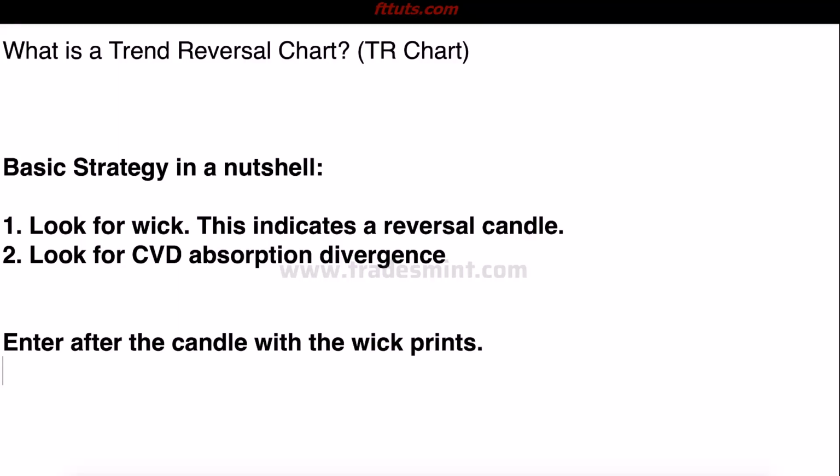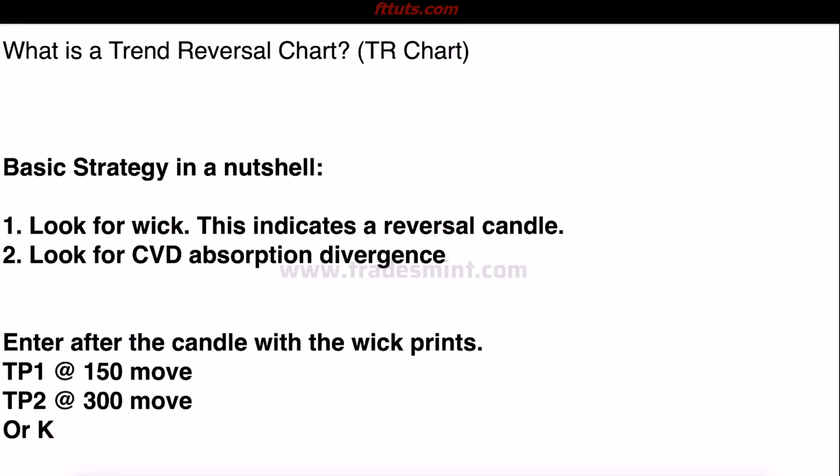You are going to set TP1 at a $150 move, TP2 at a $300 move. If it is at a level, I like to use key levels of support or resistance.